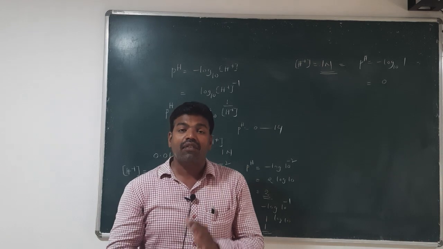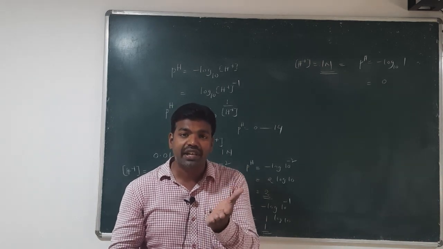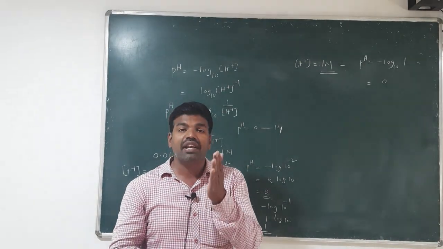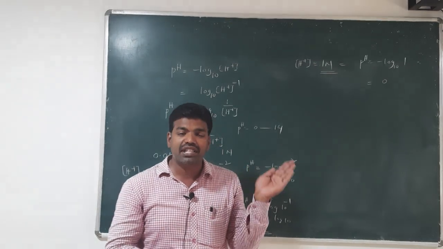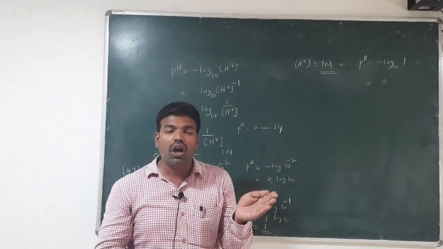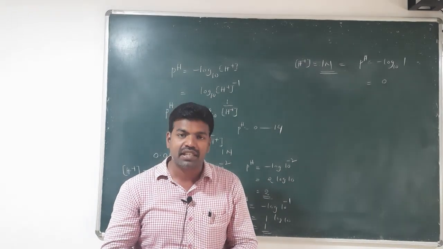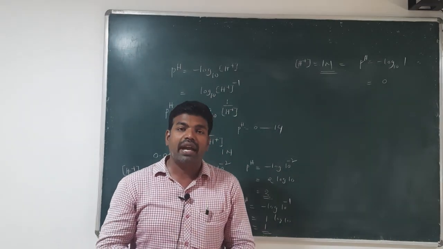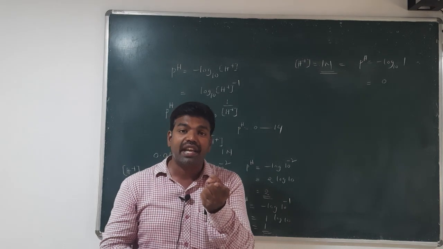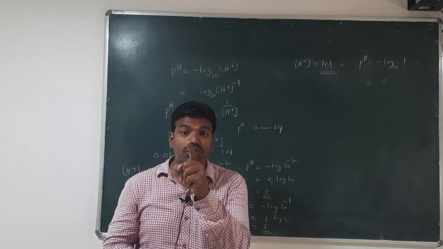That means when we go with the low concentration solutions, the definition of pH is equal to negative logarithm to the base 10 of concentration of H plus ions, and the pH scale ranging from 0 to 14 holds good.